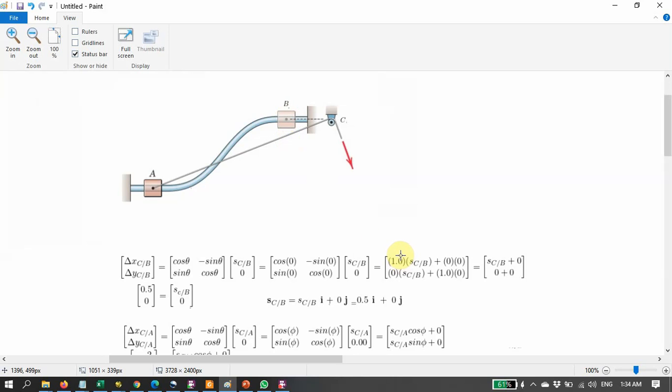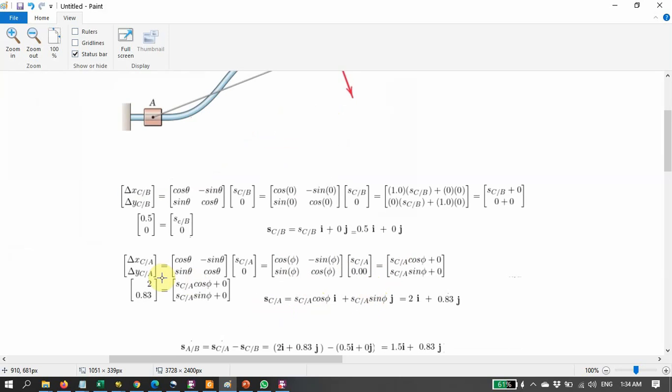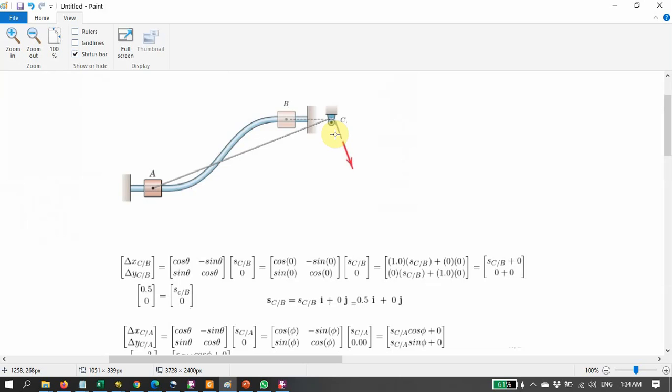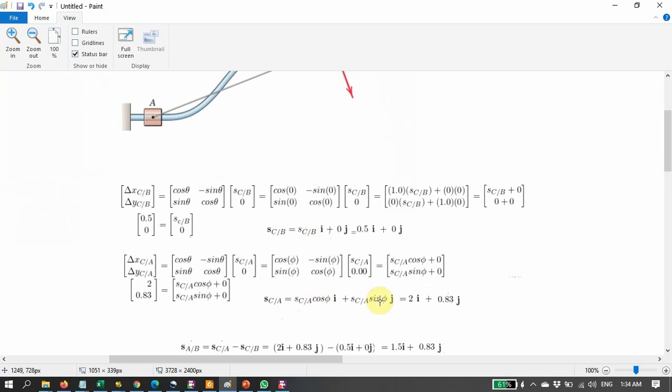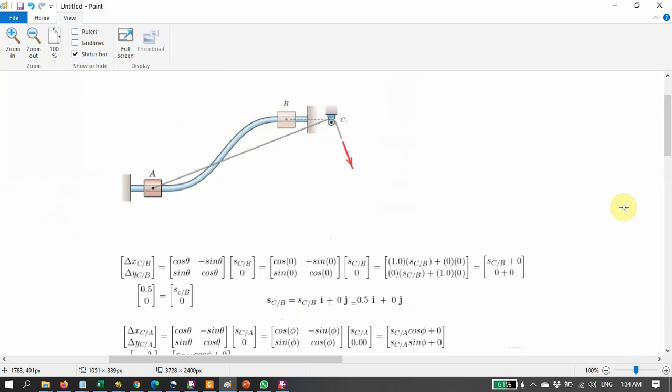So this position has traveled when it stops. When it stops at CB, position C relative to B is about 0.5 feet, and then C relative to A is given by 2 feet.